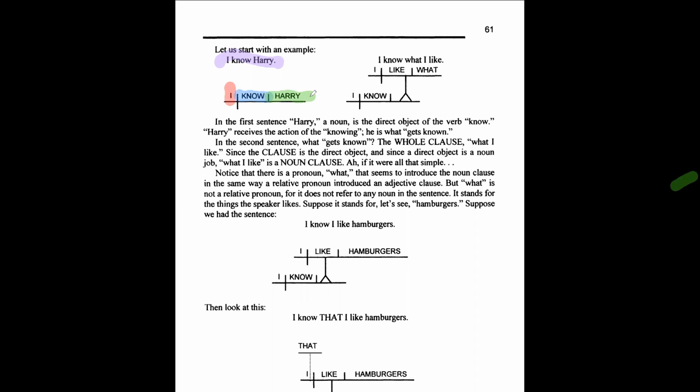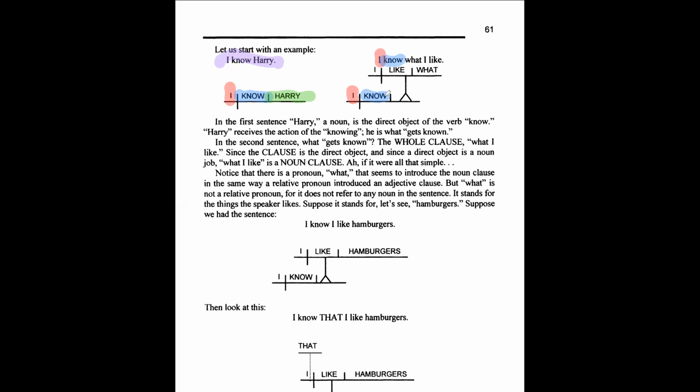Now look, I know what I like. So think about that sentence. I know what I like. Well, I have the I, that's the subject. Here it is. Then I have the verb, know. Okay. Now, what do you know? I know what I like.